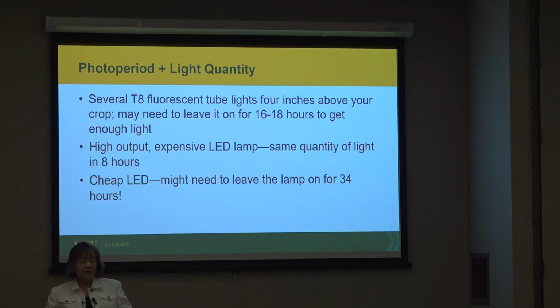If you've got a high quality, high output LED lamp, you might only need to light for 8 hours because the intensity is so strong. Or you might have a cheap LED that's really not giving enough light, and you can't leave it on for enough hours in the day because you don't have 34 hours in a day, you only have 24.